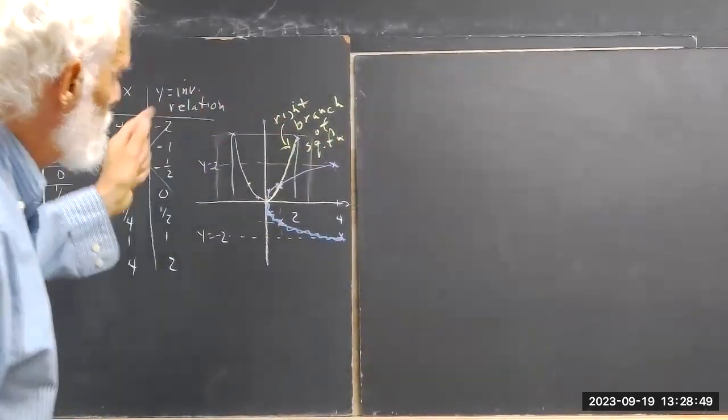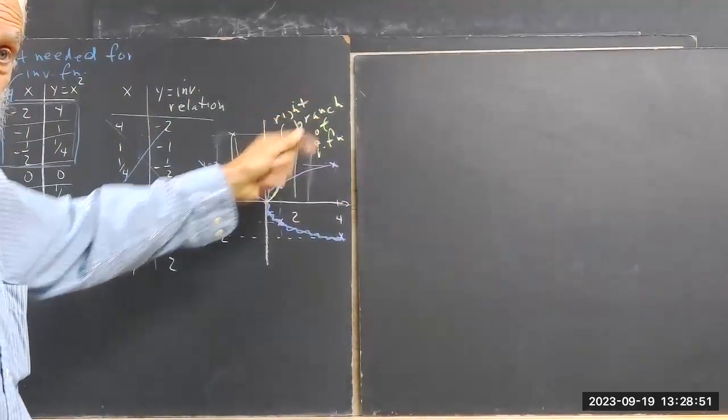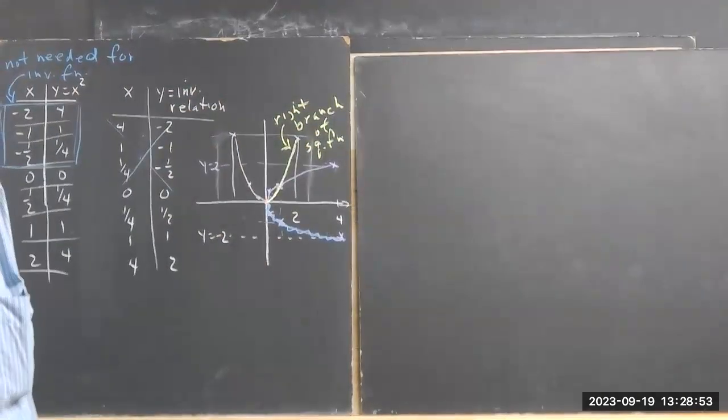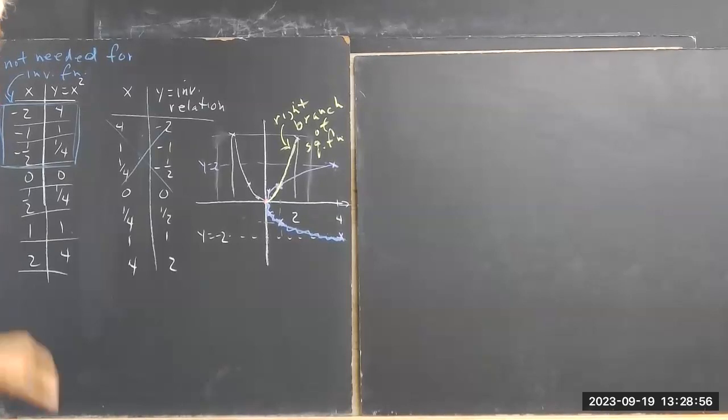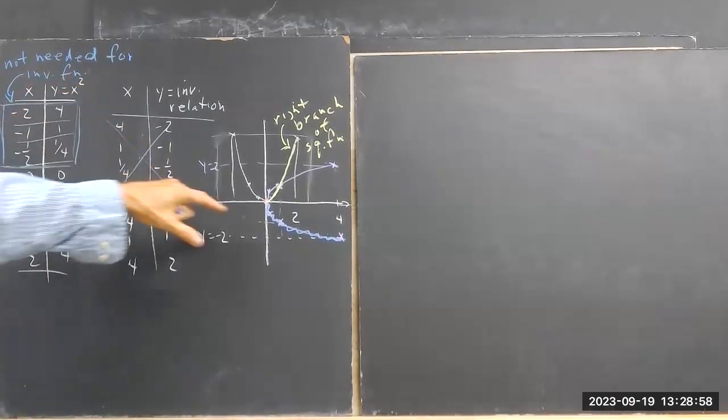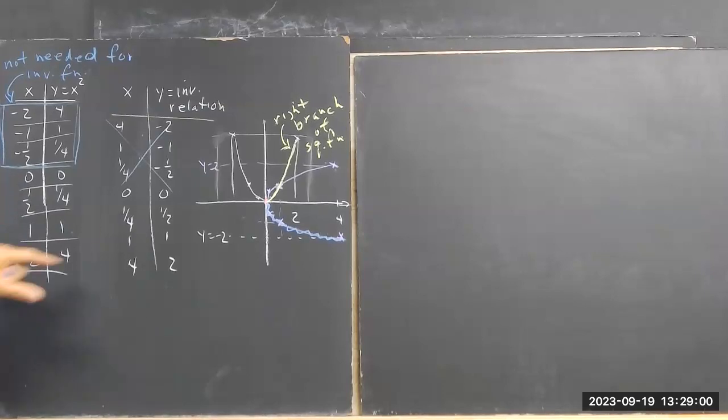the green thing is the right branch of the squared function. You have a branch that goes this way and a branch that goes this way. That's the branch that corresponds to the numbers that we do use here to get these numbers.